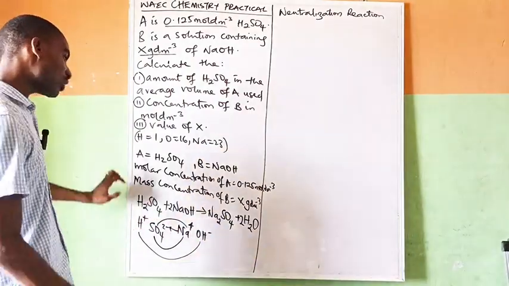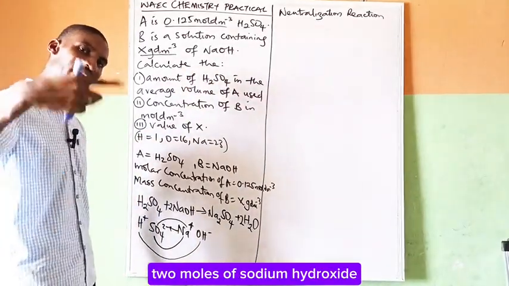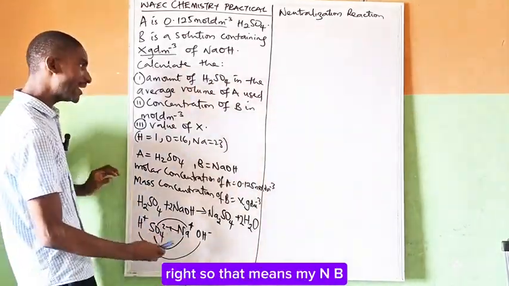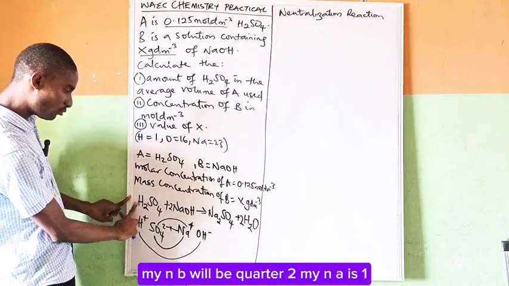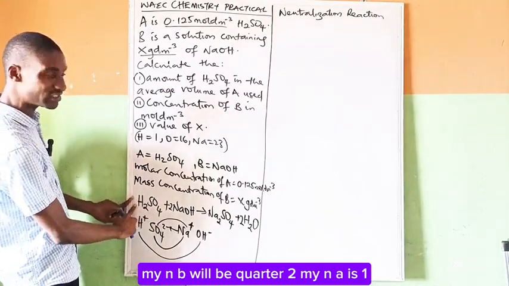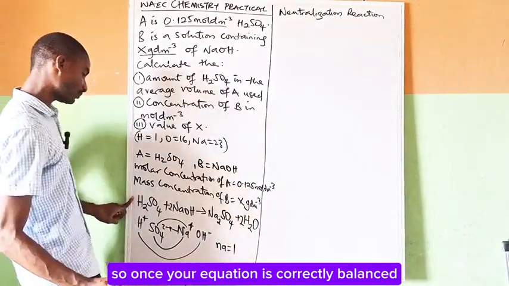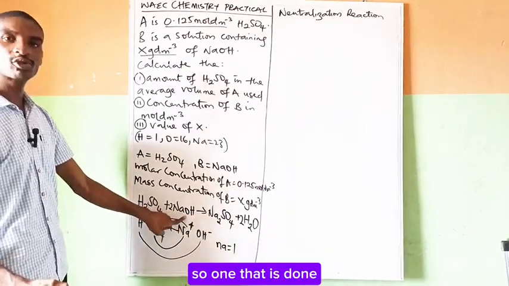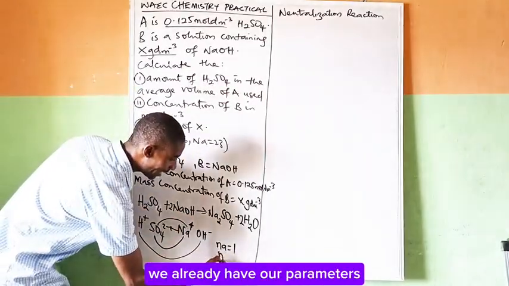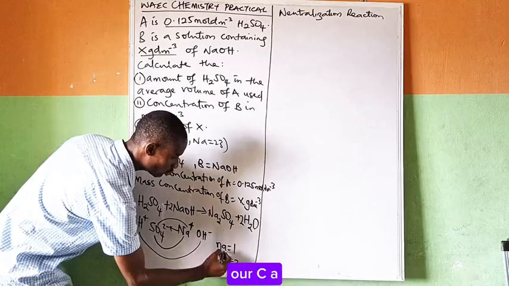Now, for those that asked how I got my Na and my Nb: Na is the number of moles of acid. How many moles of H2SO4 do I have here? 1. So my Na will be 1. How many moles of base do I have here? 2 moles of sodium hydroxide, so my Nb will be equal to 2.